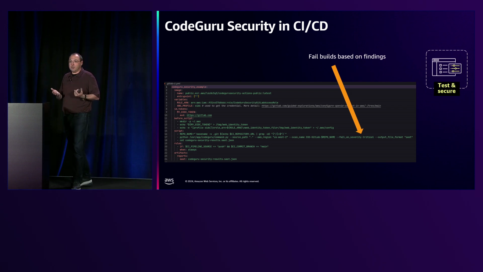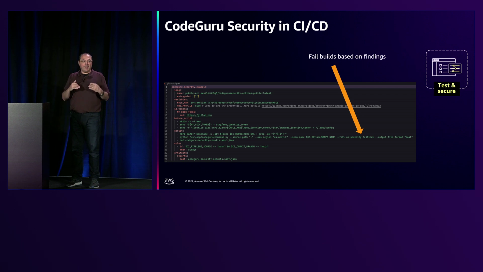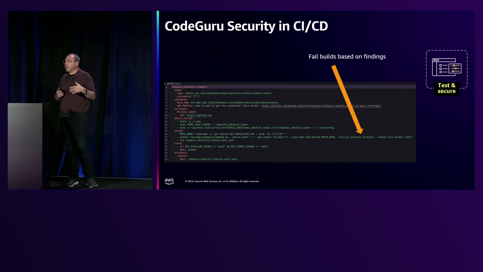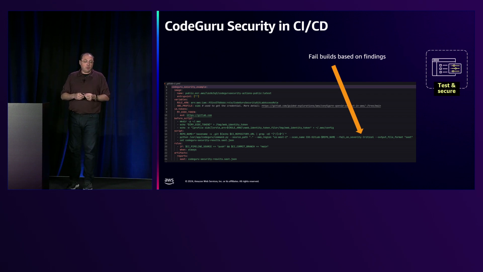So that's super useful for test environments, but when you get into staging and production environments, you might want to crank that down. So now I'm failing on different security levels, so I don't want any medium or higher vulnerabilities being pushed into production, for instance, but maybe in staging, I relax that a little bit and allow medium but not higher or critical. I have the flexibility to do that within CodeGuru Security.